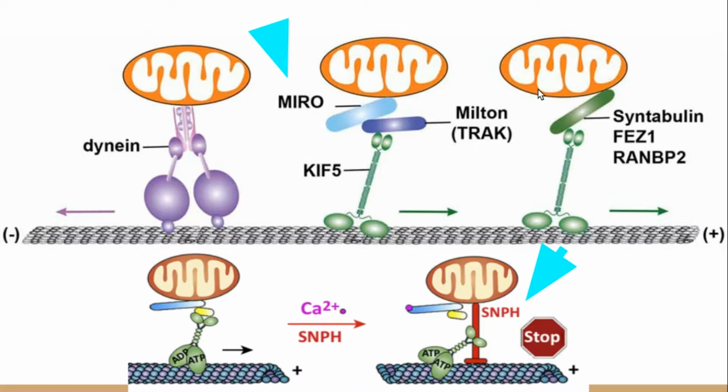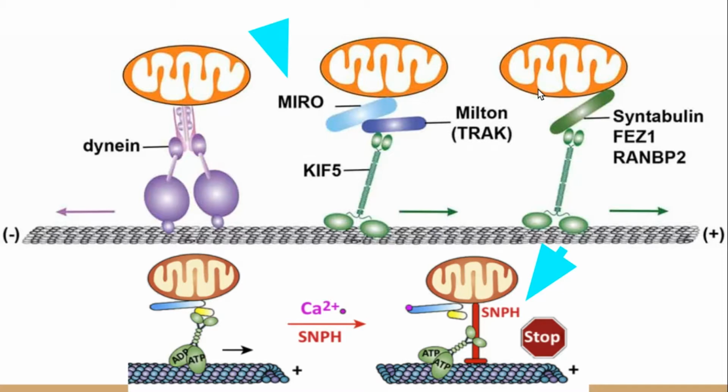Researchers Chen and Sheng discovered that SNPH, or syntaphin protein, binds directly with the ATPase motor domain of kinesin and prevents it from transporting mitochondria. And this SNPH protein appears to also be calcium dependent.